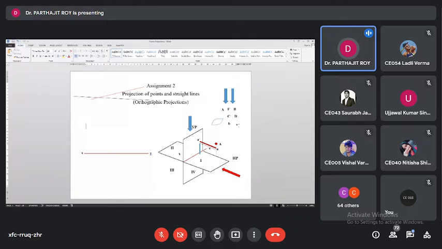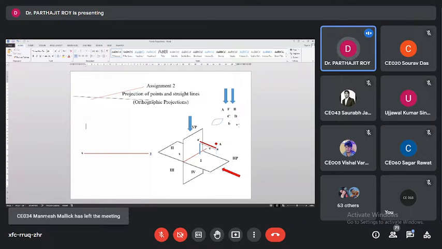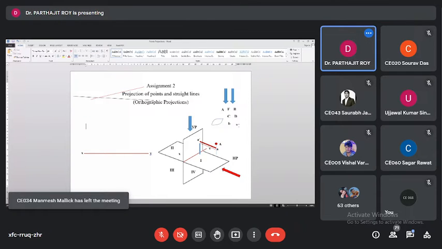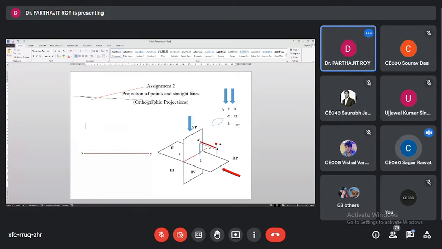How will the plane look? It will be simply a straight line, yes or no? Yes, sir. Both the planes will be a straight line and both of them will be represented by the ground line XY. Am I correct?